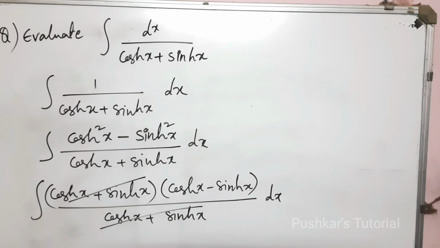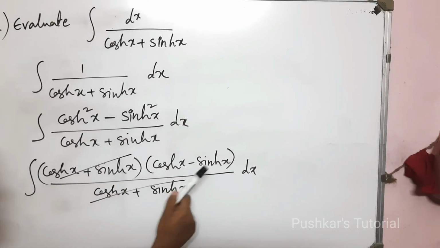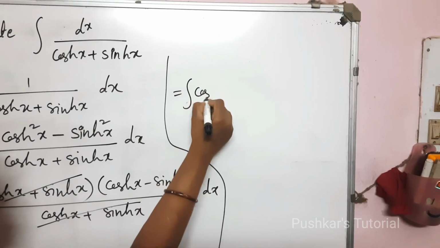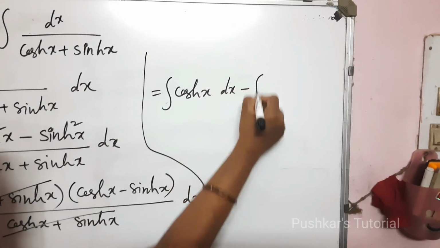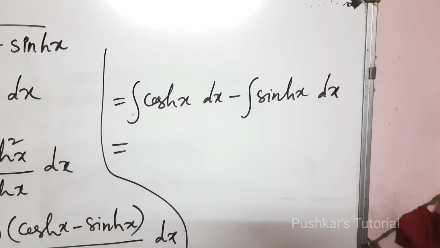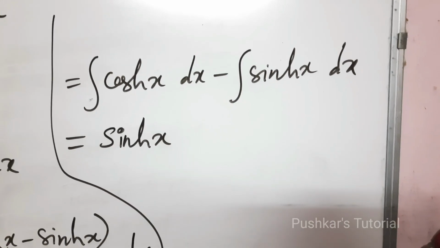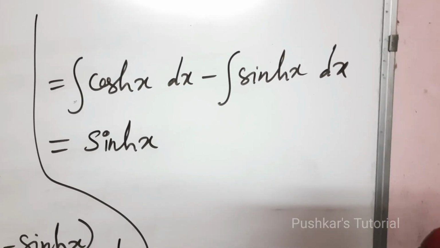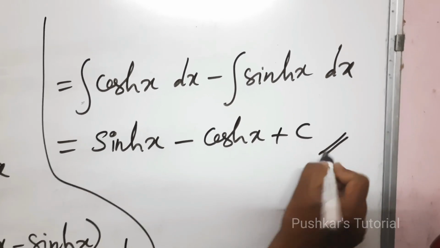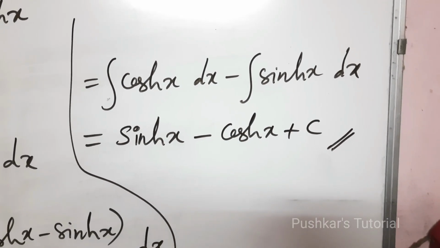So in the numerator and denominator cosh x + sinh x cancel. Only the integral of cosh x minus the integral of sinh x is left over. So the integral of cosh x dx minus the integral of sinh x dx. The integral of cosh x is sinh x, and the integral of sinh x is cosh x. So minus as it is, minus cosh x + c. Be careful here: cosh is positive only, and sinh is positive only.